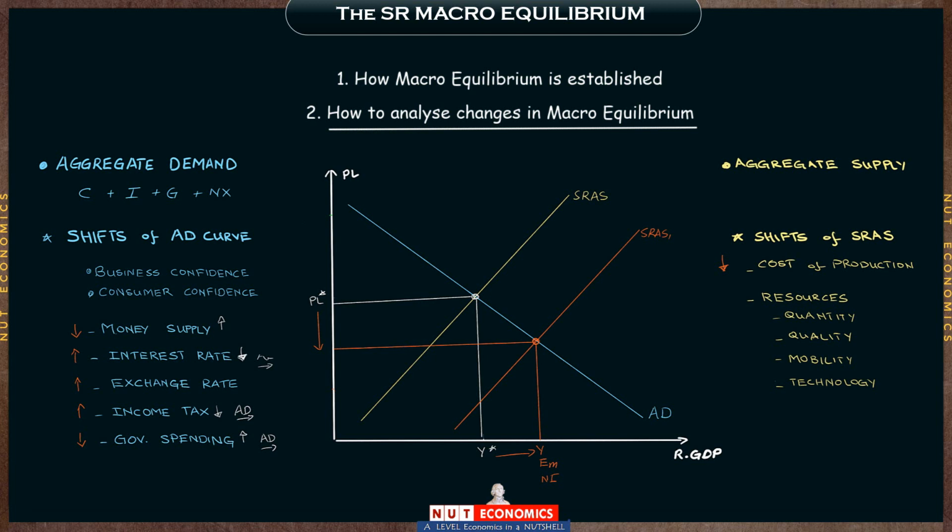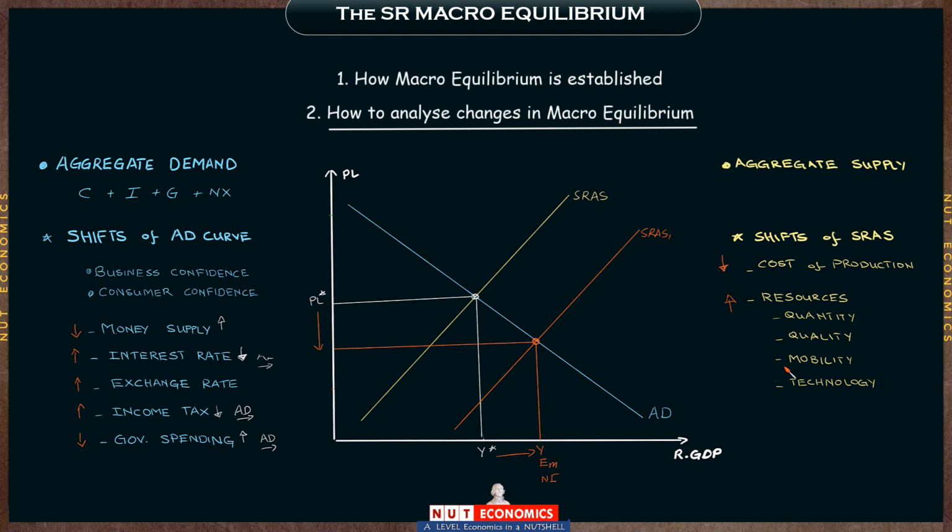You can do the same analysis to work out what will happen if the country gets more educated, or if the country's health increases, or if the country's infrastructure increases, because all of those are increases in quantity or quality of your country's resources. And we have already learned that if the quantity and quality of country's resources, or the state of technology, or the mobility of resources increase, then your productive capacity increases.